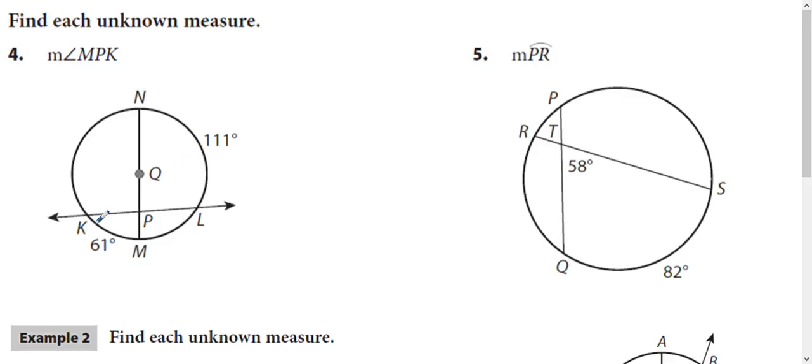So here we have chords that are intersecting. We have the two arcs that they cut. Those two arcs determine the angle if we add the two arcs and divide by 2.